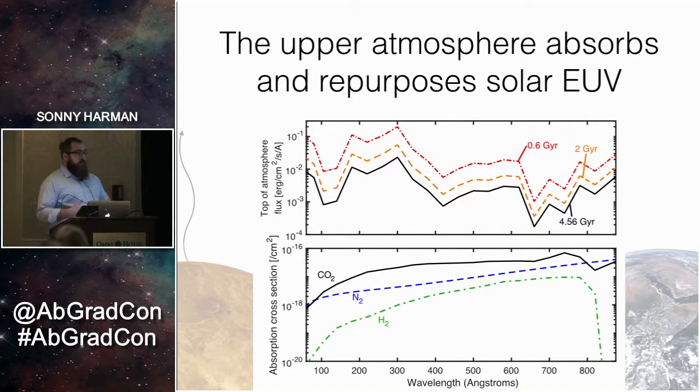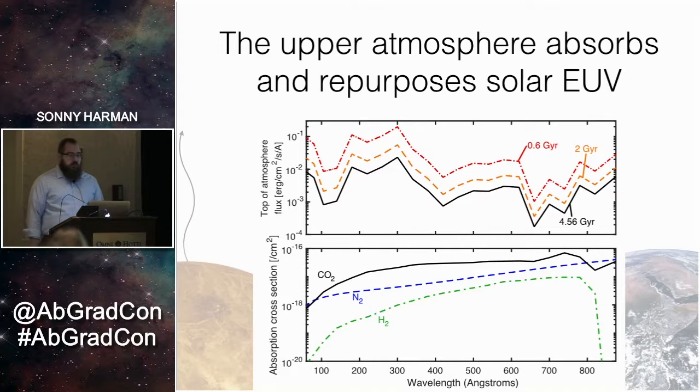Now, the thing that the atmosphere does is it absorbs and repurposes solar EUV. The most absorbed wavelengths in the air are the EUV wavelengths, which run from basically 10 or so nanometers up to about 121 nanometers, which is that Lyman alpha line.